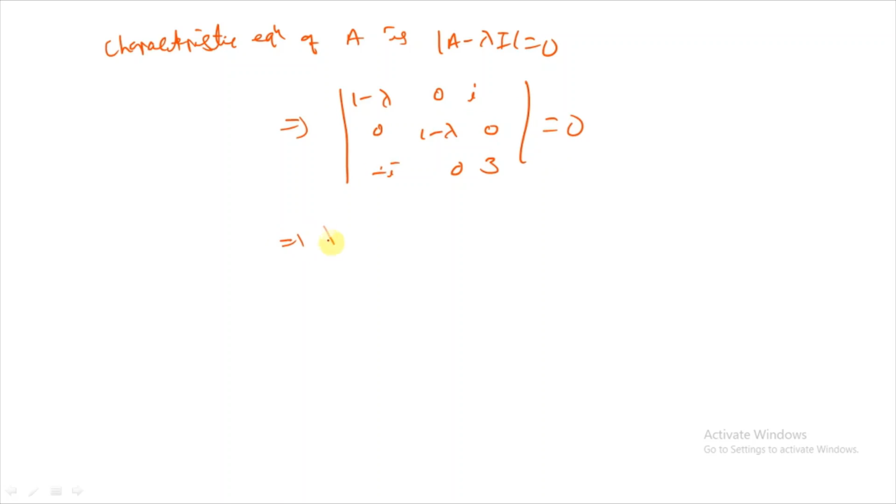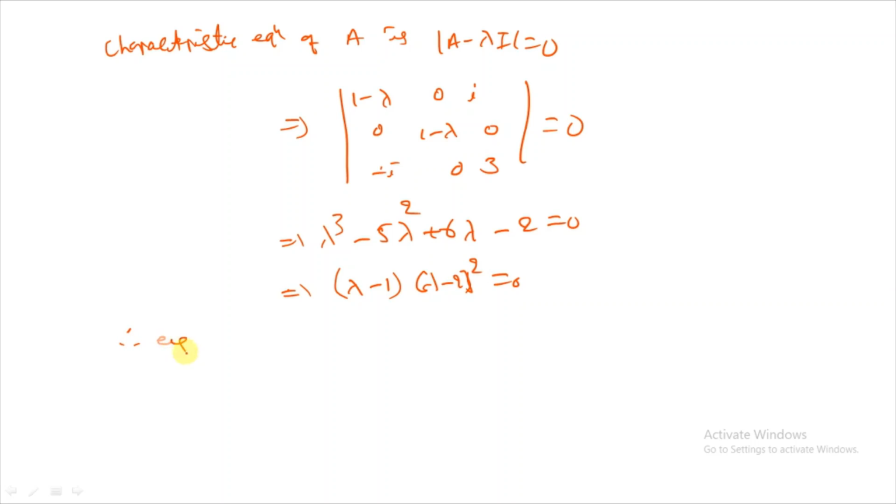Now we know lambda cube minus the sum of diagonal elements, which is 5, lambda squared plus 6 lambda minus determinant, which is 2, equal to 0. Now using the synthetic method, we get the roots: lambda minus 1 into lambda minus 2 whole square.